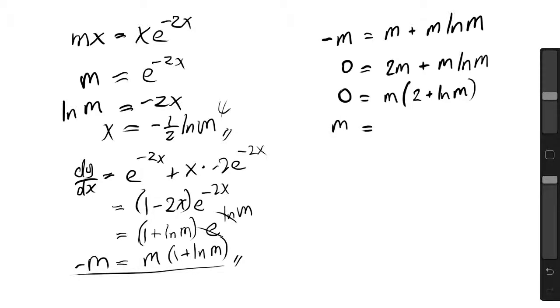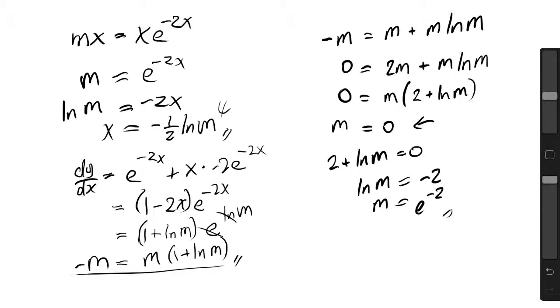But then we know that m can be 0 or 2 plus ln m can be 0. We know that m equals 0 is nonsense, so we can disregard it, and we have ln m is minus 2, and therefore m is e to the minus 2, which is the solution given.